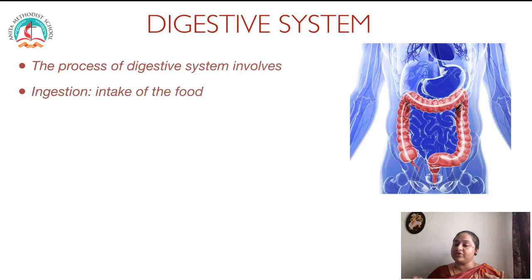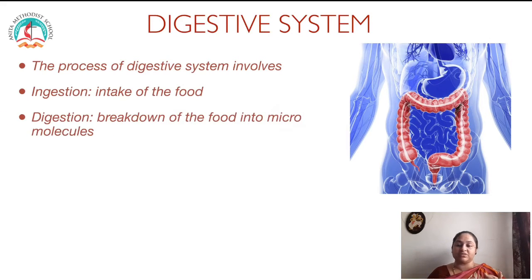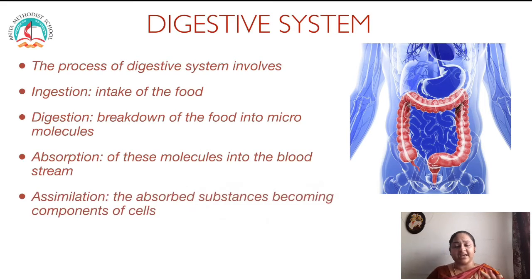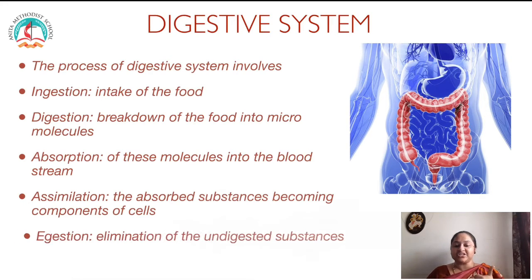Digestion, breakdown of food into micromolecules. Absorption of these molecules into the bloodstream. And then assimilation, which is the absorbed substances becoming components of the cells. And then finally egestion, which is elimination of the undigested substances.